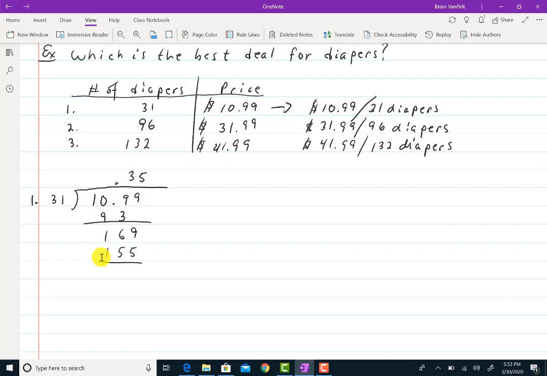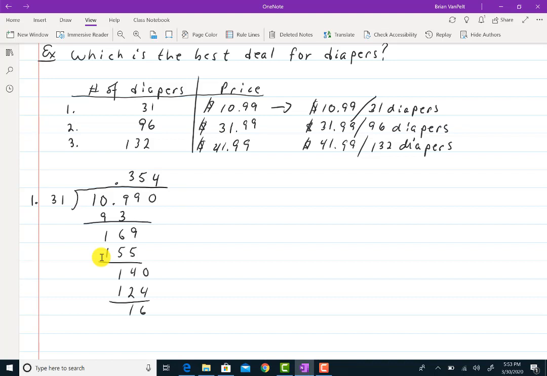And then I like to go one more decimal to ensure that I get 2 decimal places. What I get then is 14, and I can bring down a 0. 31 goes into 140 4 times. And I end up with 124 with a remainder of 16.